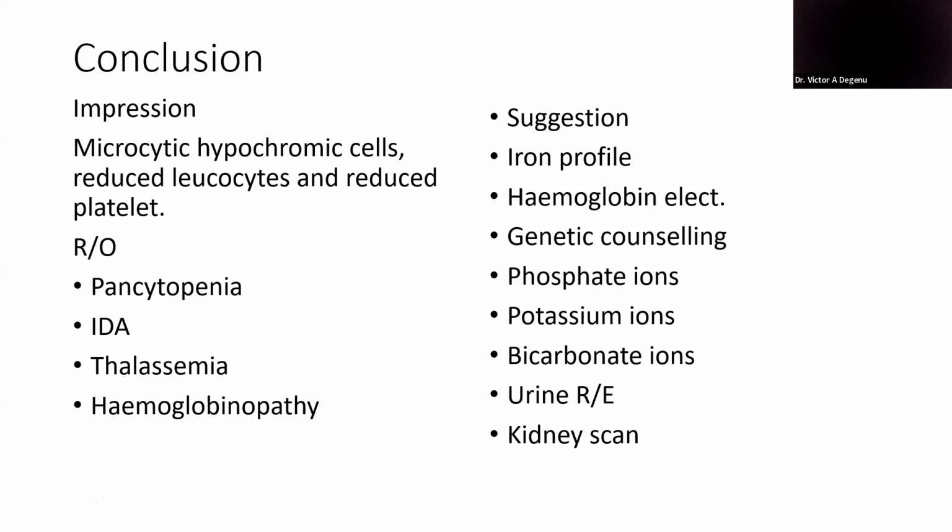Your suggestion would be to do an iron profile to see whether any of the iron parameters is impaired. We may also look at hemoglobin electrophoresis. We may also look at genetic counseling in case thalassemia is evident.